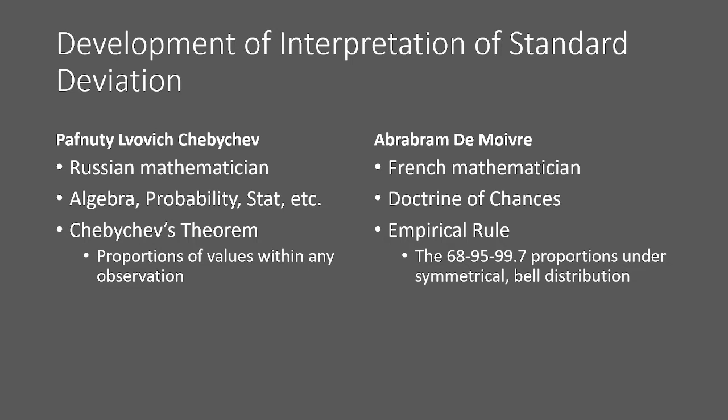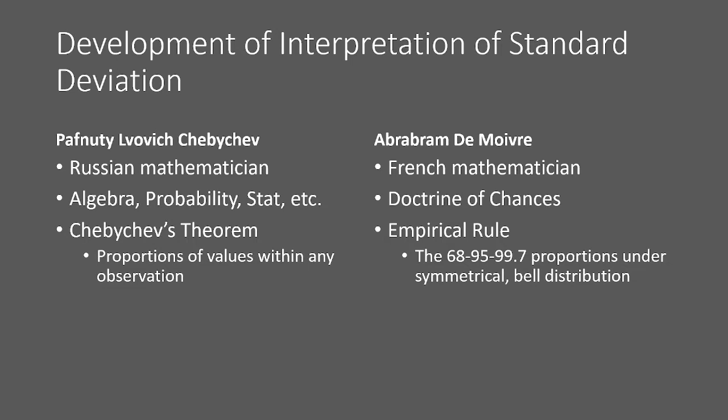Chebyshev's contributions range from algebra, probability, and statistics to other branches of mathematics. One of Abraham's contributions is the Doctrine of Chances, wherein he studied probabilities. It is a book that shows the probabilities of all sorts of things.